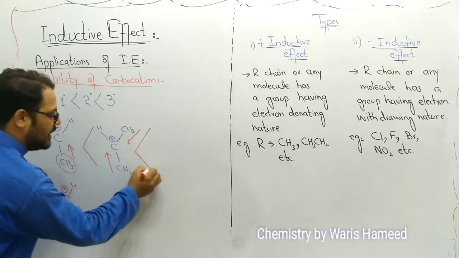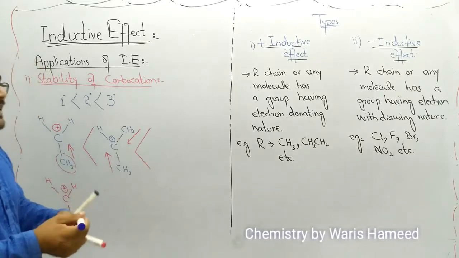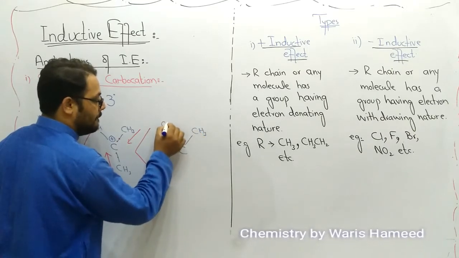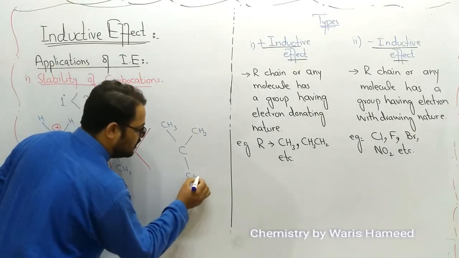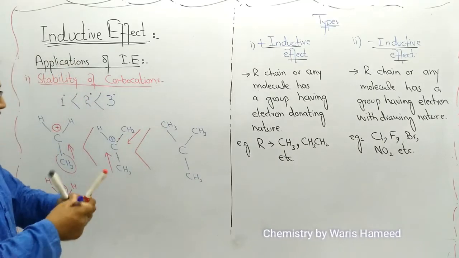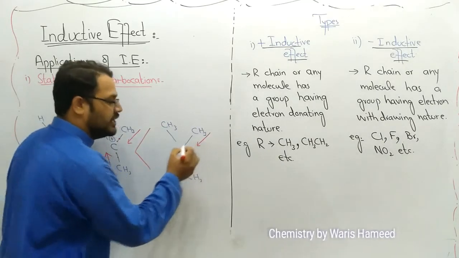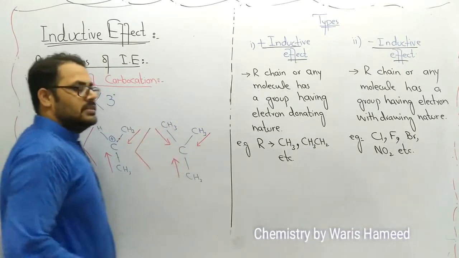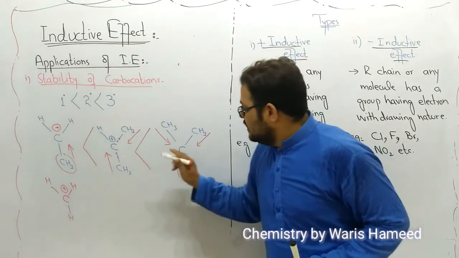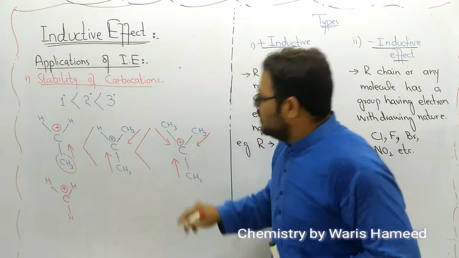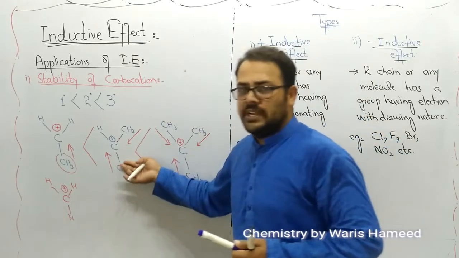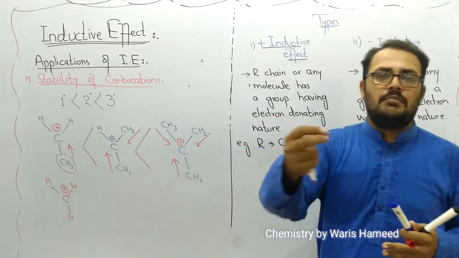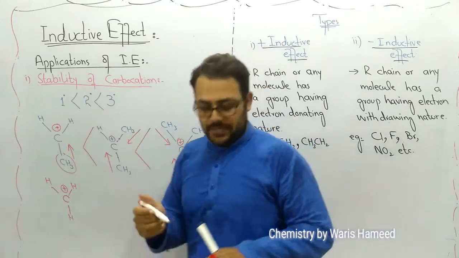In case of tertiary carbocation, there are three electron donating groups, CH3. This CH3 is pushing electronic density toward carbon. This is also pushing, and CH3. In this case, the positive charge on carbon will be minimum as compared to secondary, primary or methyl. So tertiary carbocations are more stable among all these carbocations.